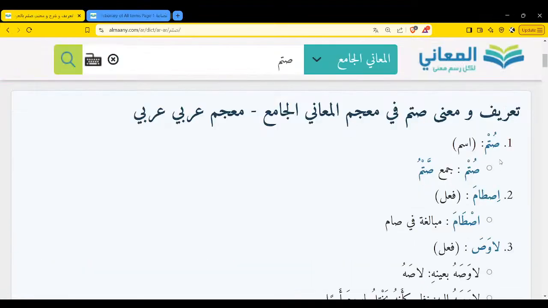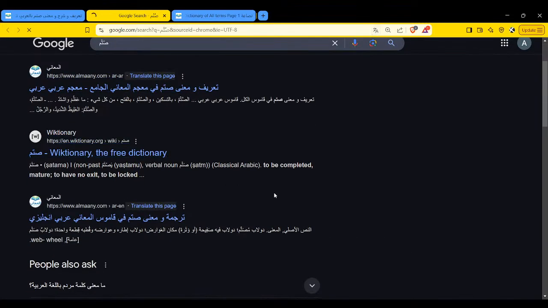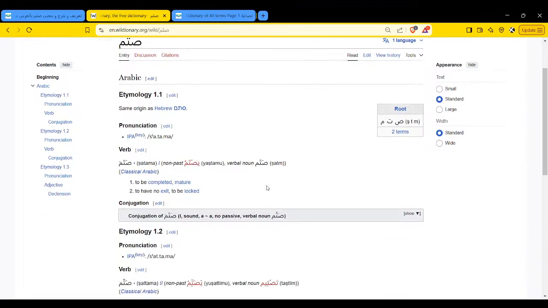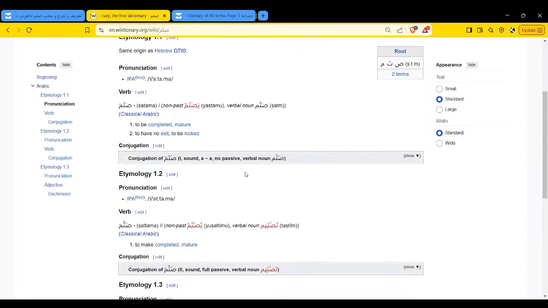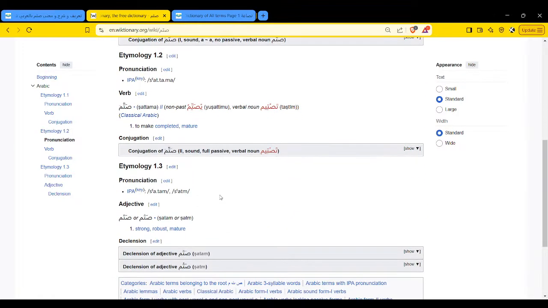Let's see if I can find something on Google. Okay, we've got Wikipedia. So over here it's saying that the meaning of satm is to be strong, robust, or mature.